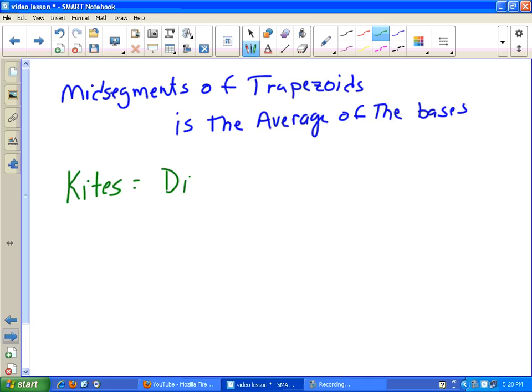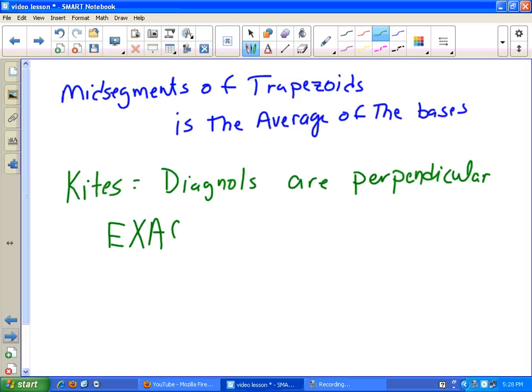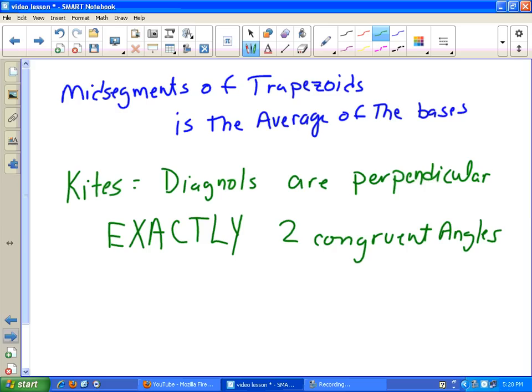The diagonals are perpendicular. Also, kites have exactly, a little emphasis there, exactly two congruent angles. Exactly two congruent angles.